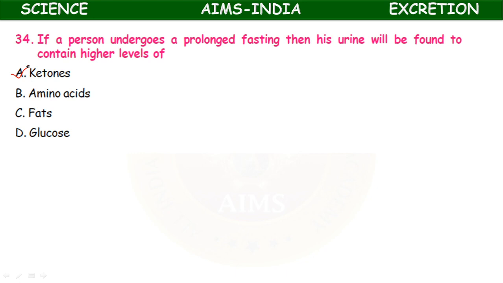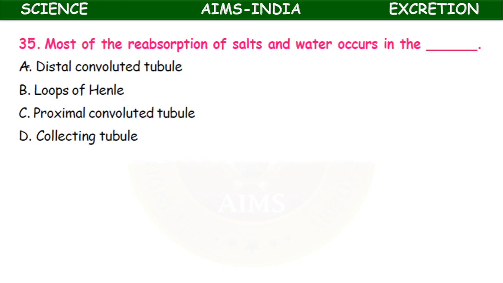Ketones. Okay. Most of the reabsorption of salts and water occurs in the distal convoluted tubule, loops of Henle, proximal convoluted tubule, collecting tubule. It is the proximal convoluted tubule.